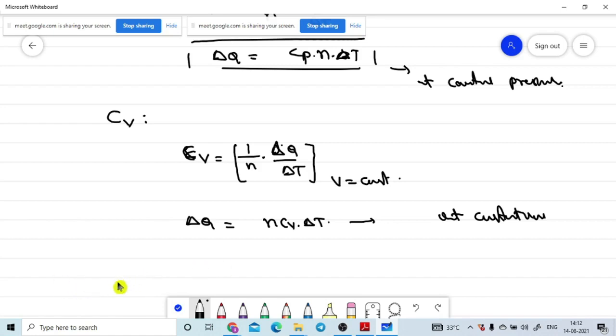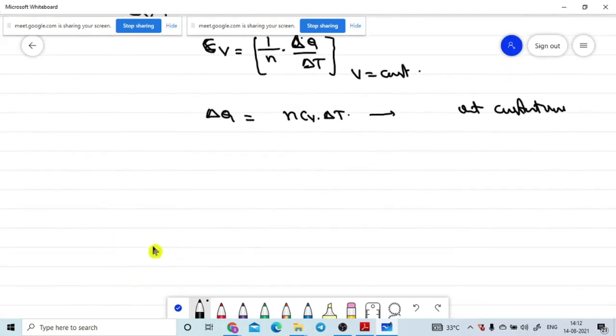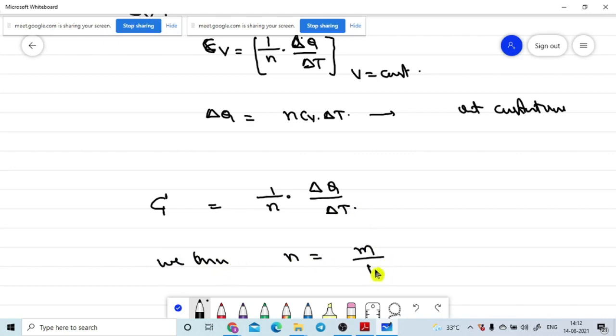So can we write the definition of molar specific heat in terms of molecular weight of the system also? Let me write that one also. So capital C, molar specific heat capacity, is equal to, what is the basic formula, 1 by n into delta Q divided by delta T. But we know that the number of moles n is equal to mass of the substance divided by molecular weight of the substance.